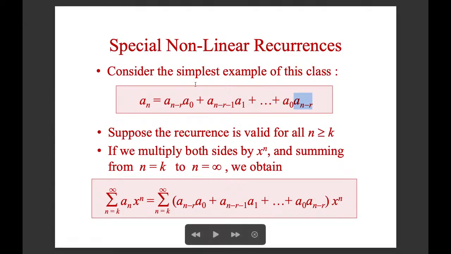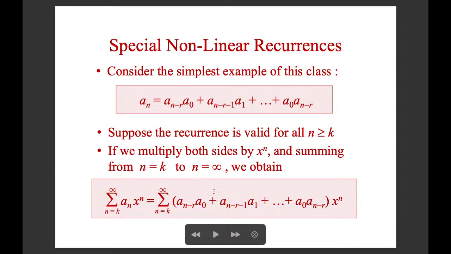Now for this kind of recurrence, why is it good for us? Let's consider multiplying x to the power n to both sides. If you look at the left-hand side, we will get something related to the generating function a(x). If you look at the right-hand side, what is this term?